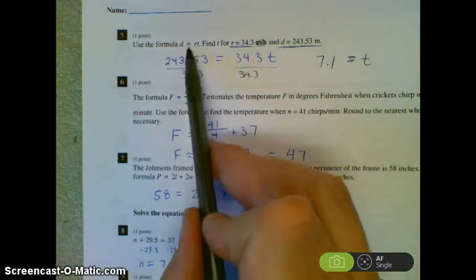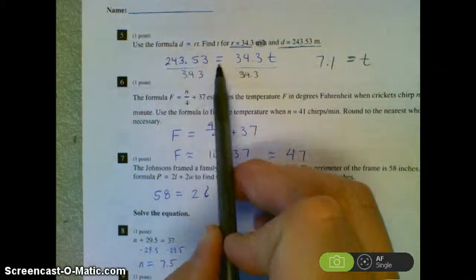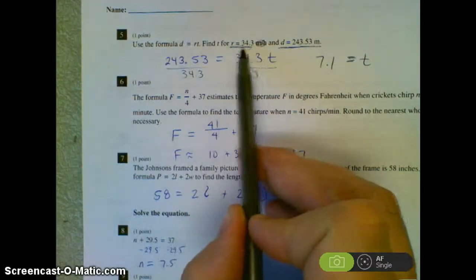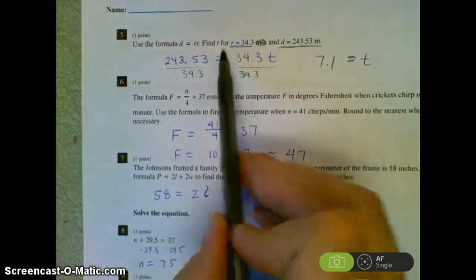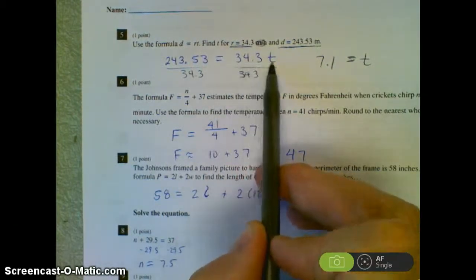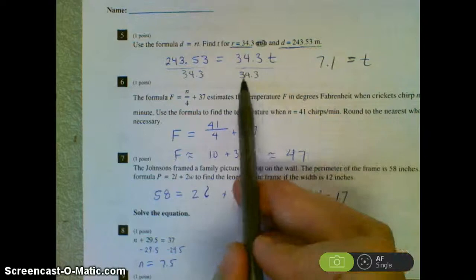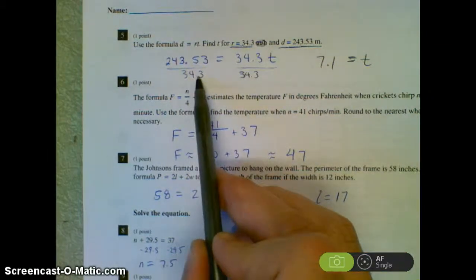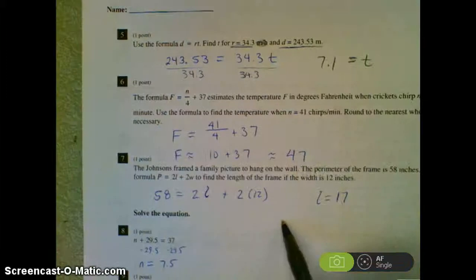The next part of the formula is equals, so I wrote in an equal sign. I replaced r with the 34.3 that they gave us, and then I'm finding t, the part I don't know. So this is 34.3 times t, which means I have to divide by 34.3 on both sides, and that'll leave me with t equals 7.1.